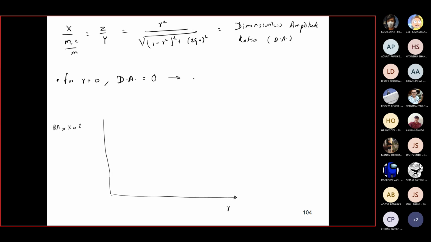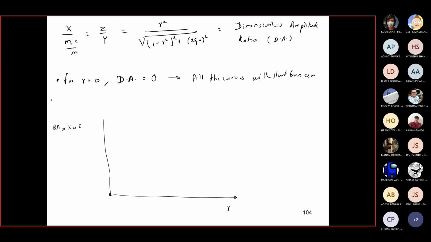All the curves will start from 0, correct? The starting point of all curves is this origin.